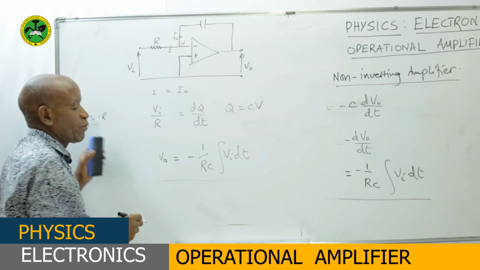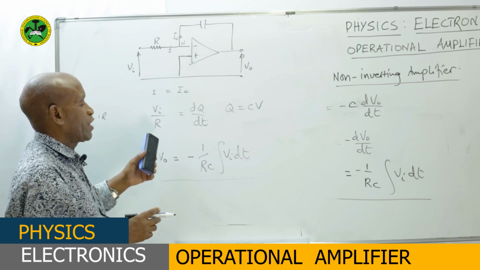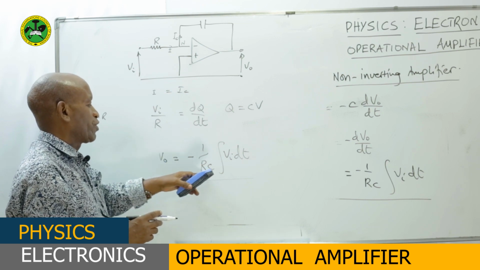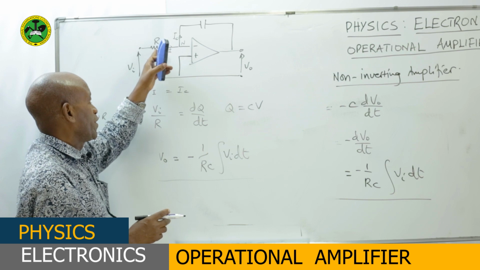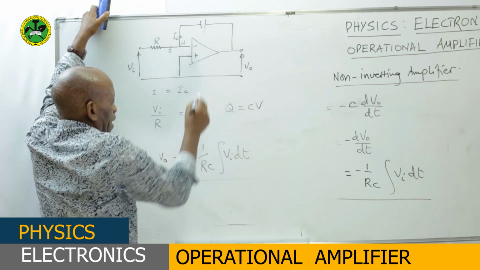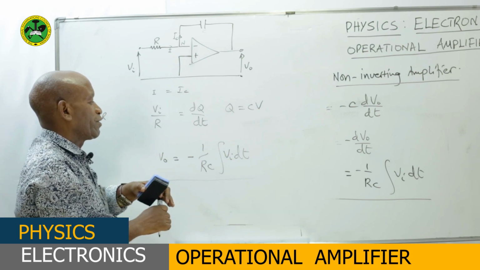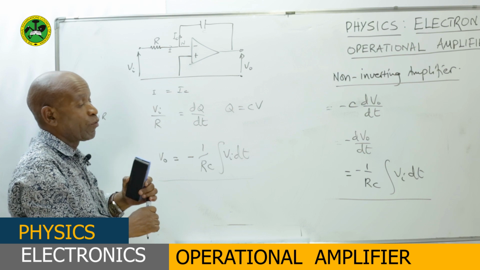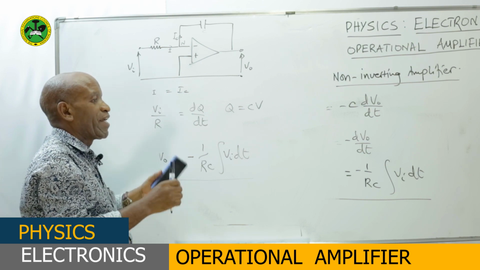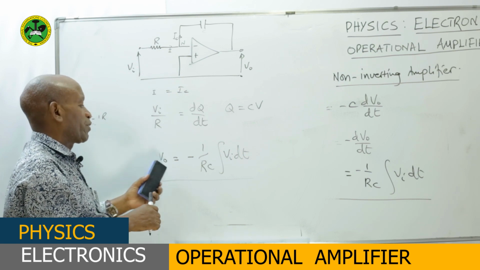Using this particular expression, it's just a matter of substitution of what is R, the input resistor, and what is C, the value of the capacitor there. Having known the input voltage VI, we can calculate and know whenever the voltage suddenly changes from 0 to 1.5 volts, what will be the output voltage V0.